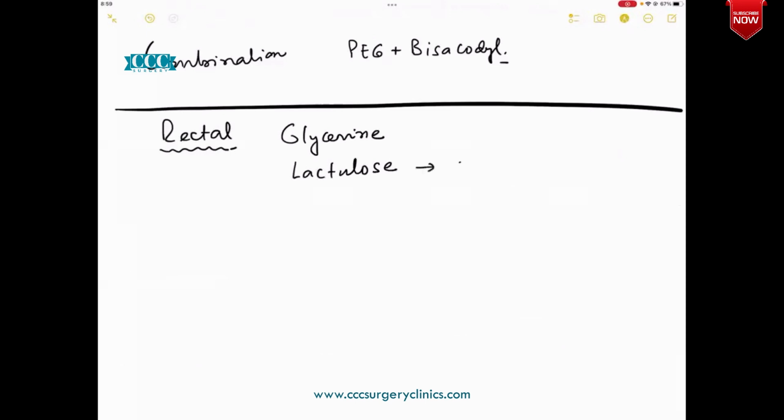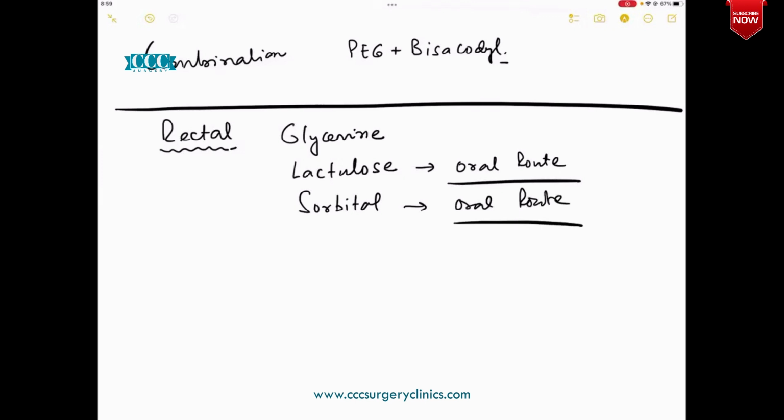Lactulose can also be used in the oral route, which is a routine laxative that is prescribed. Sorbitol is usually used in the oral route as a laxative. So these are the various ones used at various points. Particularly, glycerine is usually used as the agent.